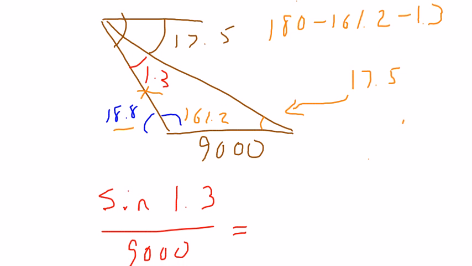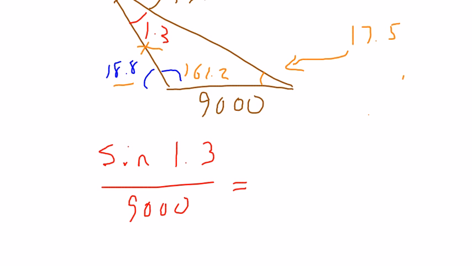Okay, so 17.5. So to find x, the x I have up here, which would be the answer for B, we would take sine of 17.5 over x. So 9,000 times sine 17.5 divided by sine of 1.3, and I get a big number.